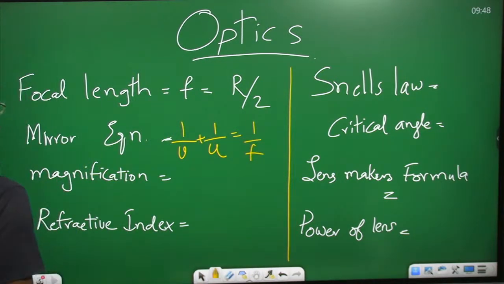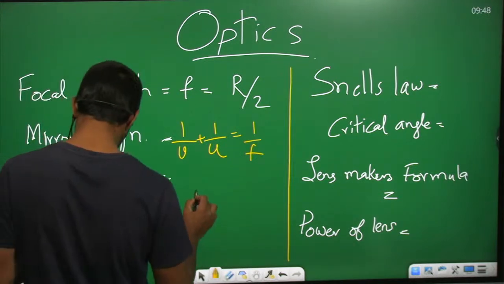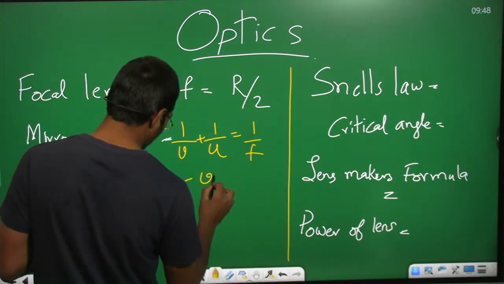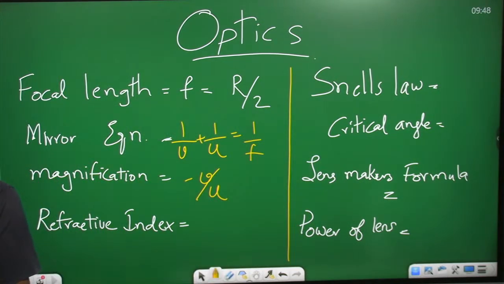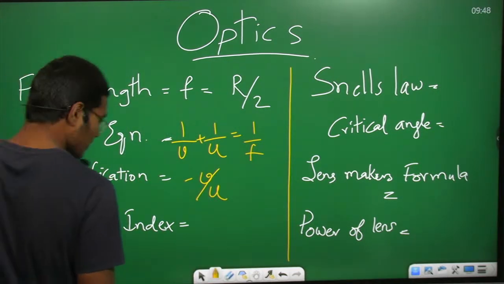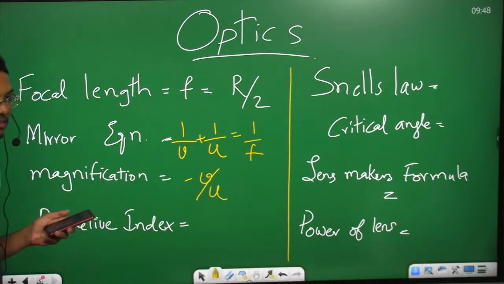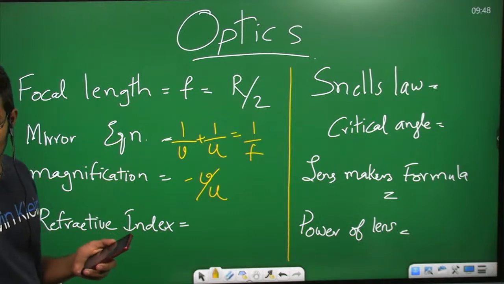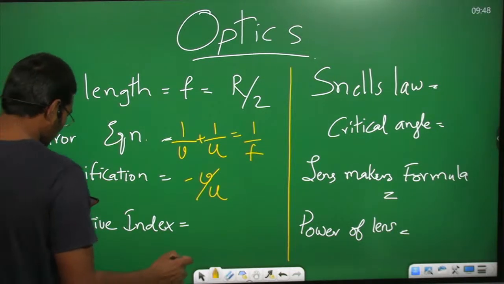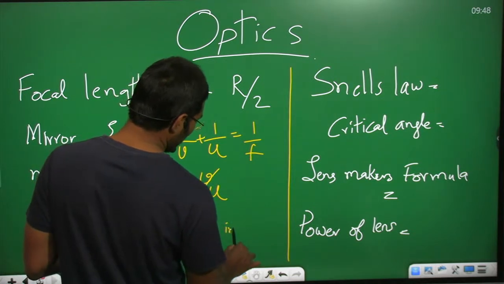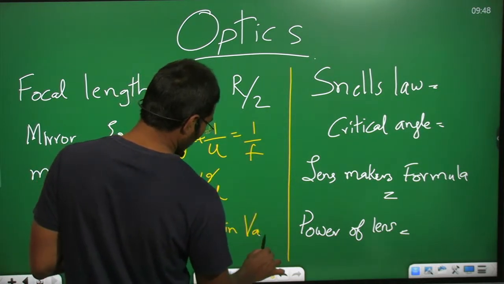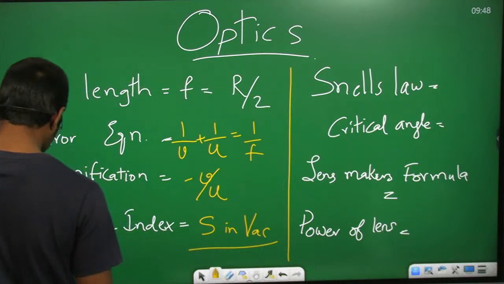So what is magnification? What is refractive index? I'm not asking for the value. Mu1 equal to 1 by mu2. Speed of light in vacuum by speed in a medium.